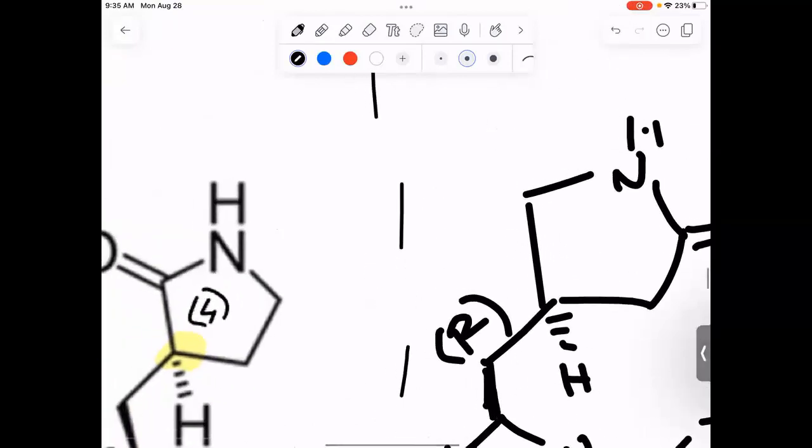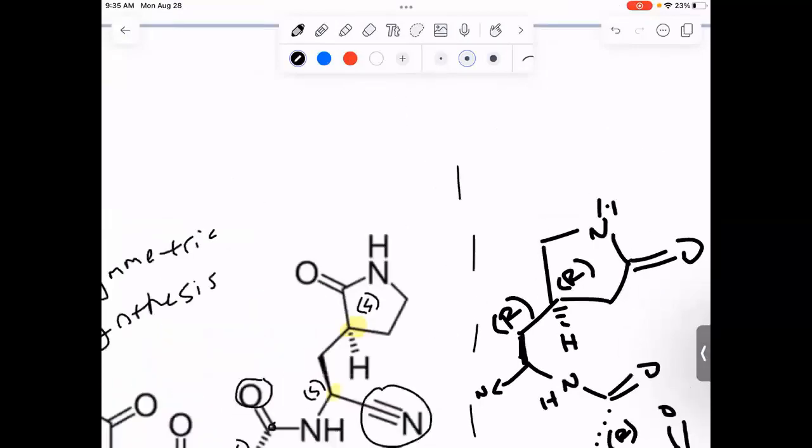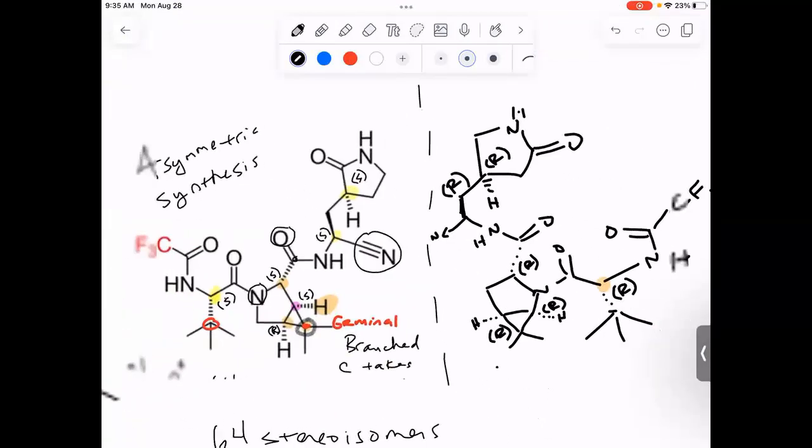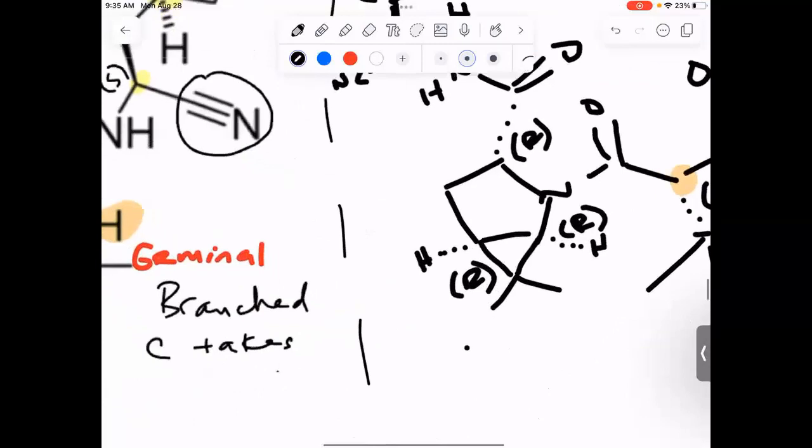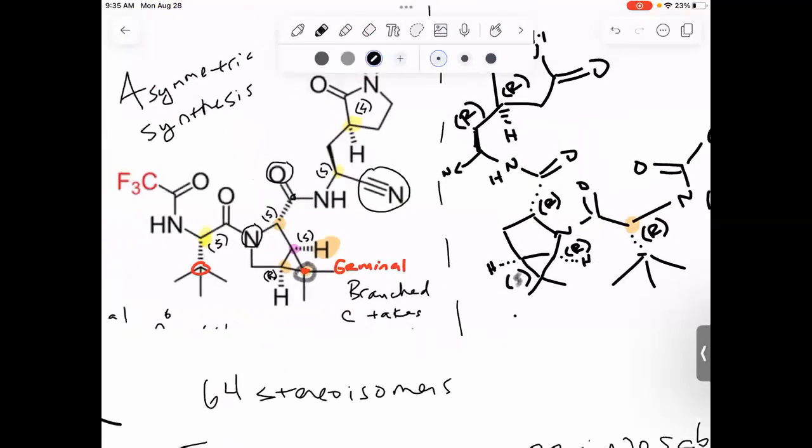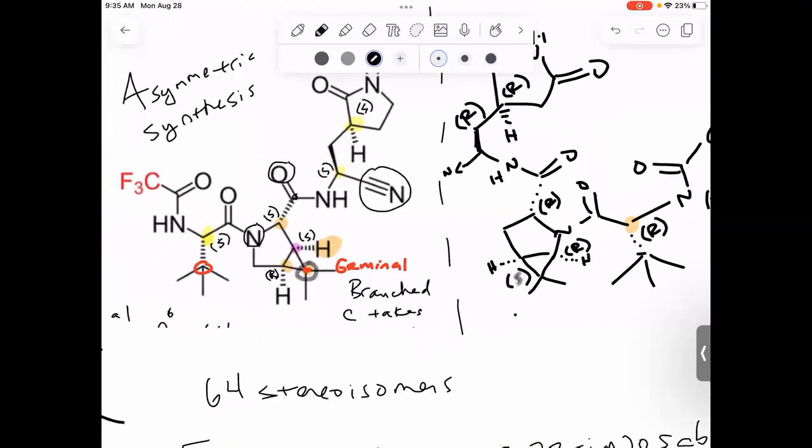And so with this, where did I miss an R? The three, this branch, the nitrogen. I missed that one. That should be S, shouldn't it? Wouldn't that be S? Because one of them over here was R right here.